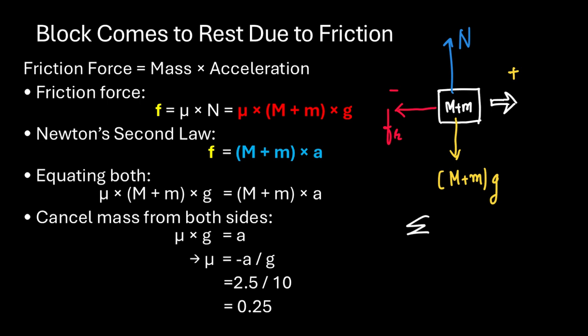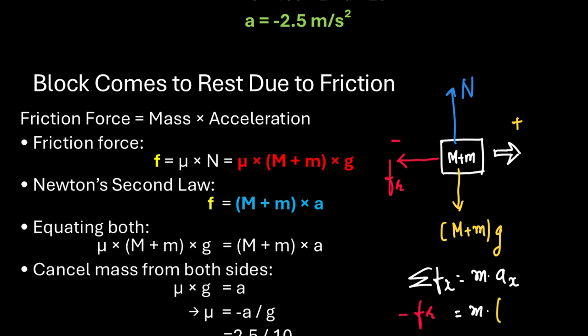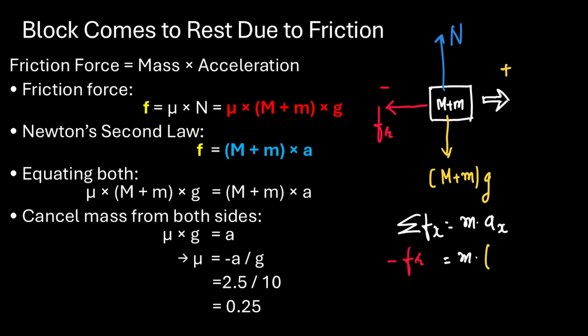And from Newton's law of motion, we have sigma Fx is equal to m into ax. What is sigma Fx? Sigma Fx is Fr. Since it is acting opposing the motion, this becomes minus Fr is equal to m into ax. We found out the value of acceleration to be minus 2.5. So this becomes minus 2.5. Now, what is Fr? Fr is mu into N. What is N?